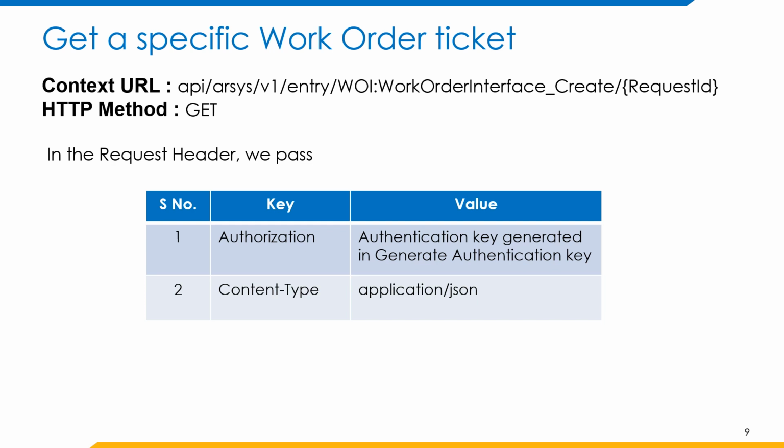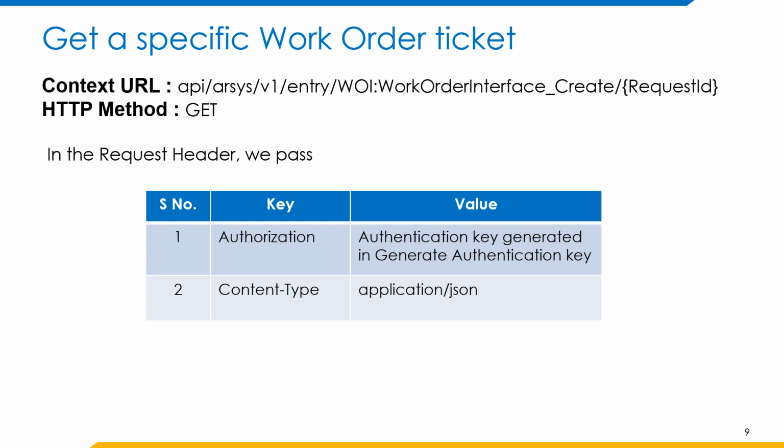Get a specific work order ticket. Here we are using this API to get specific work order ticket details like request ID, work order ID, create date, status, summary, and many more. The HTTP method we will be using here is GET.